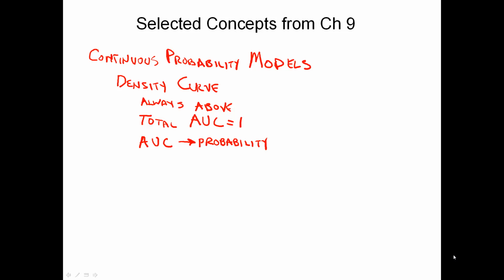Well, the easiest continuous probability model that we can think of is called the uniform model.